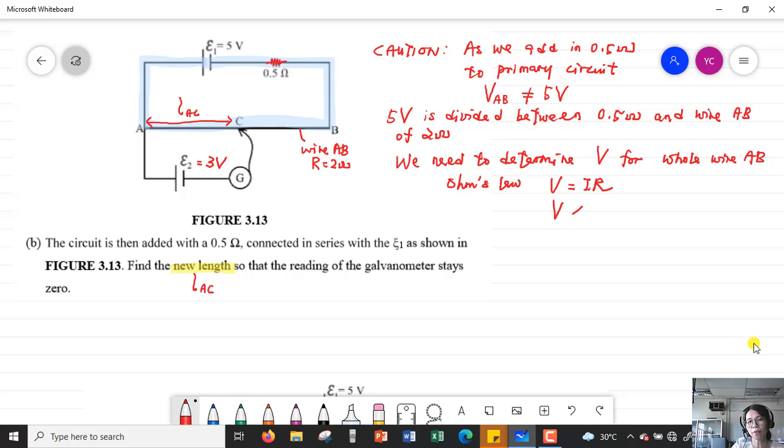So kita nampak voltage is proportional to R. Recall konsep kita belajar dalam potential divider. Bila kita ada resistor connect in series, voltage dibahagikan. So kita boleh gunakan konsep ratio voltage sama dengan ratio R. Kita dapatkan dulu voltage for the whole wire AB.